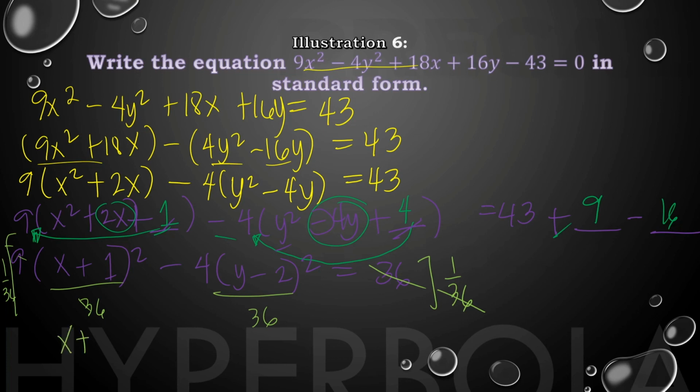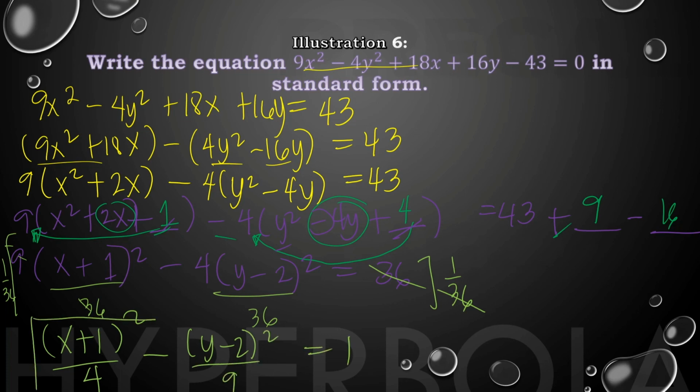So, magiging x plus 1 squared over 4 minus 4 over 36 is 1 over 9. So, magiging y minus 2 squared over 9 is equal to 1. So, ito na yung final answer natin. Yung standard form.